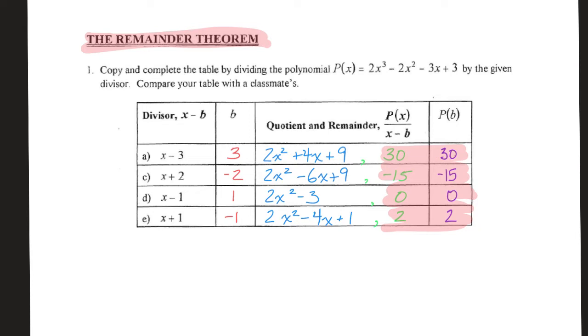So when I subbed in my 3, I got the remainder as if I had divided by x minus 3. And we found that same pattern as we progressed. When you subbed in a -2, you got a value of -15. And that was the same thing as the remainder as if we had divided by x minus -2. And that's where we're getting with remainder theorem.